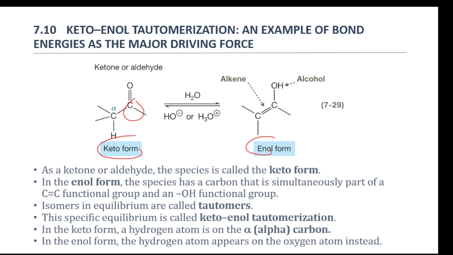Now, what you'll notice about this keto-enol form is that this ketone right here, that carbon right there, that's quite positive, isn't it? Because that oxygen is going to be pulling a lot of the electron density from it. And what it's going to end up doing is pulling electron density away from this other carbon.